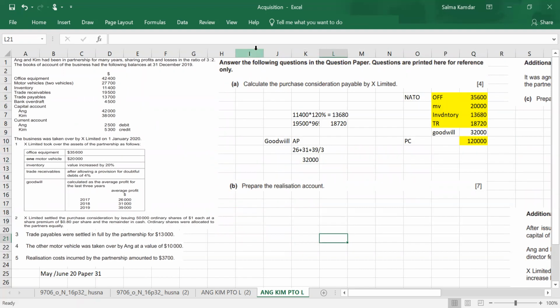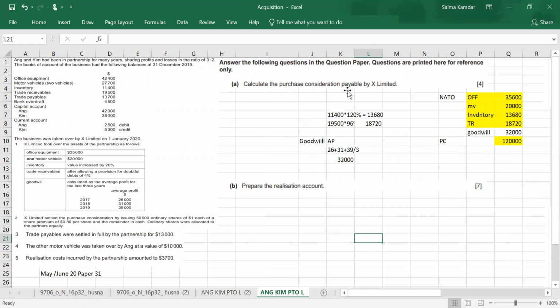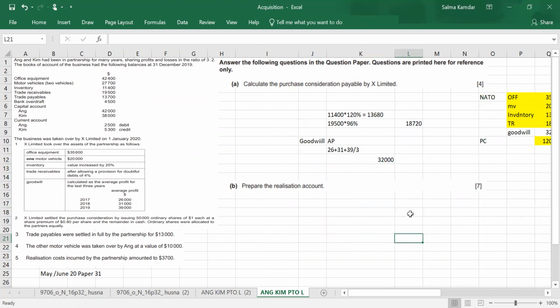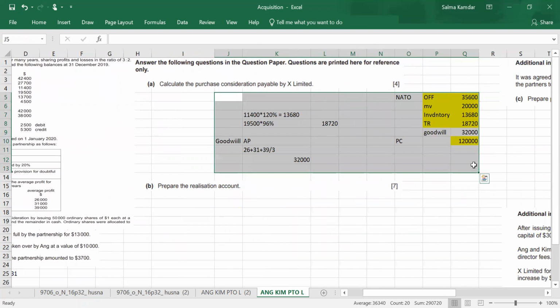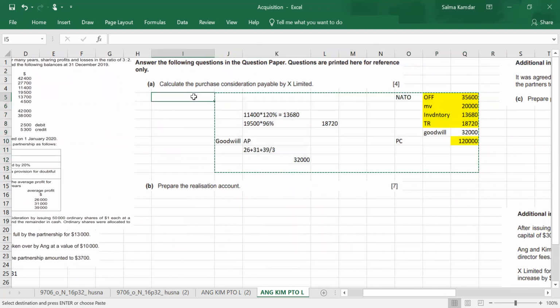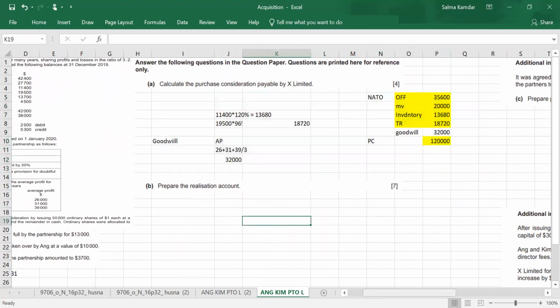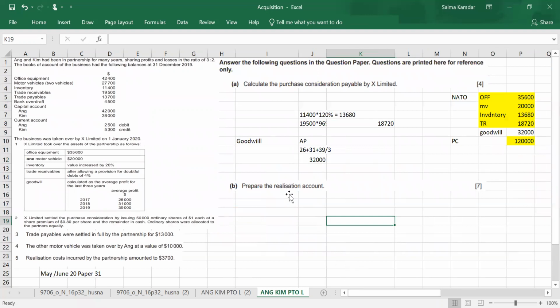They want us to prepare a realization account. Whenever I prepare a realization account, I will have the profit or loss on realization that would go to partners' capital account. So let's prepare the realization account. In realization account, all the assets of the business are written on the debit side.